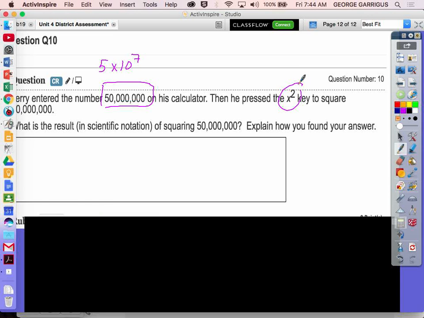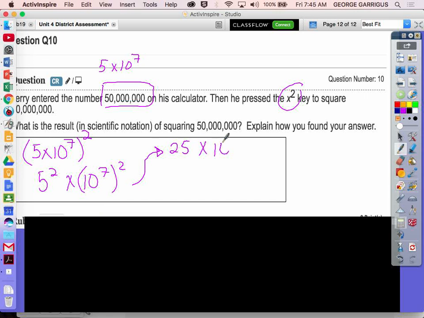So the easiest way to do this, there's several ways you can do it. 5 times 10 to the 7th squared. It's a power of a power of a product. So each factor gets squared. You get 5 squared times 10 to the 7th squared. 5 squared is 25.